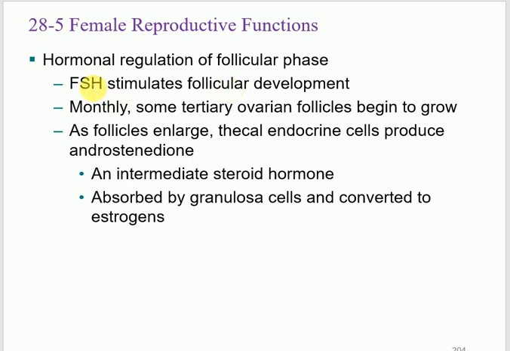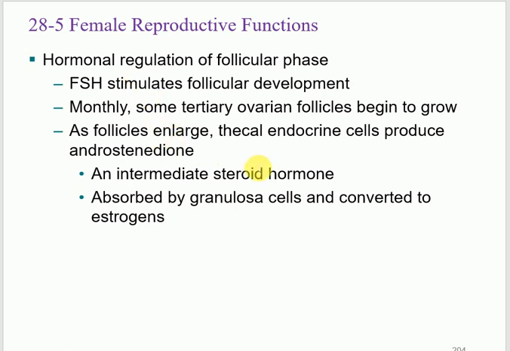Follicle stimulating hormone. So what does it stimulate? Follicle. And so every month, follicles are going to grow, grow, grow until you get to the tertiary. Tertiary will continue to grow under the effect of FSH.